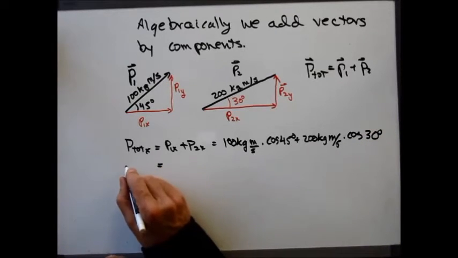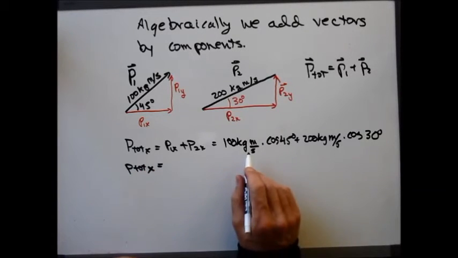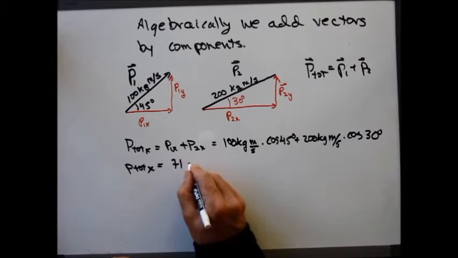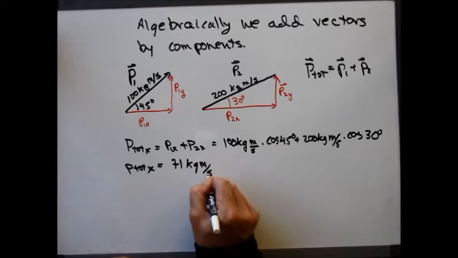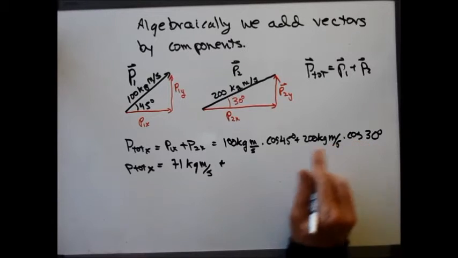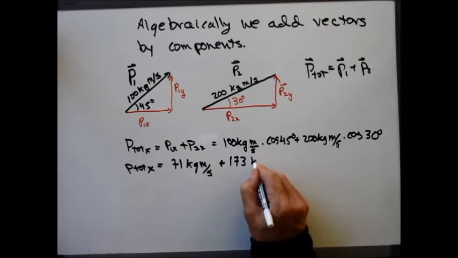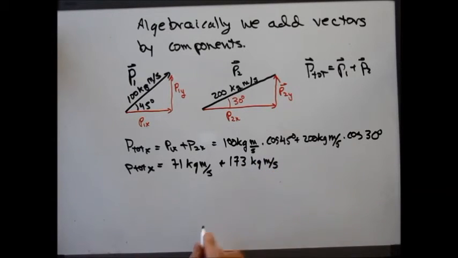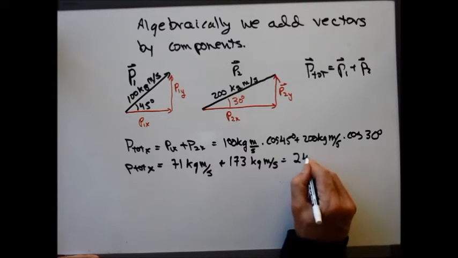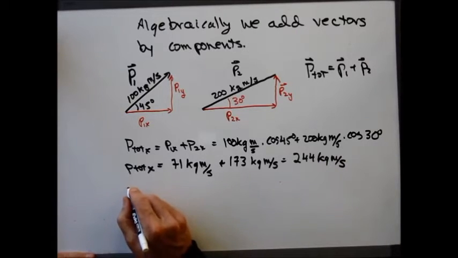And so that gives me a P tot x, the x component of my P tot vector, of 100 kilogram meters per second times the cosine of 45, which is like 71 kilogram meters per second, plus 200 kilogram meters per second times the cosine of 30, which is like 173 kilogram meters per second. So this is like 244 kilogram meters per second, right?